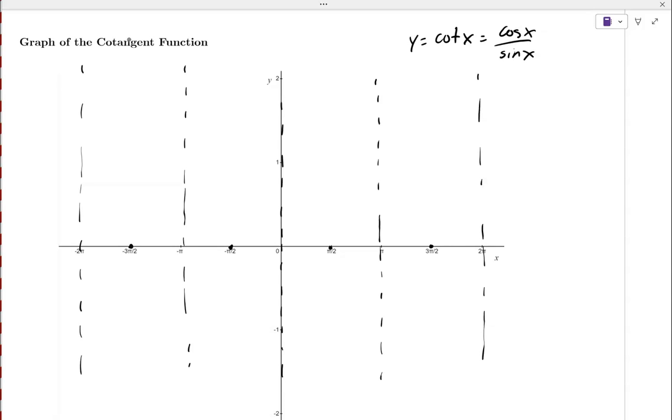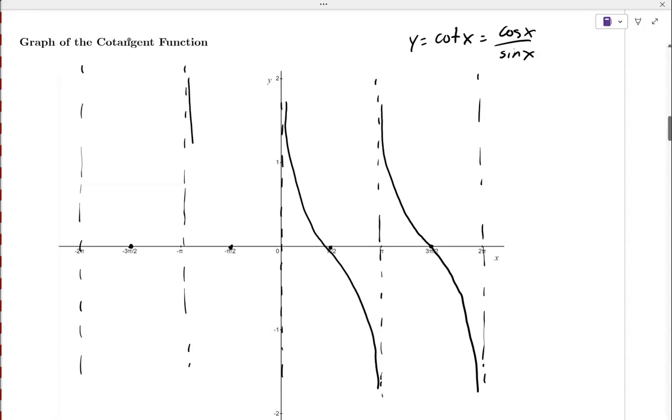From pi over 2 to pi, we're in quadrant 2. Cotangent is negative, so we should keep going down, right? So we get that little S-shaped curve that looked like tangent. It's just upside down. And then you can apply the same analysis on the next batch. Cotangent is positive in quadrant 3 and negative in quadrant 4, so it looks like that.